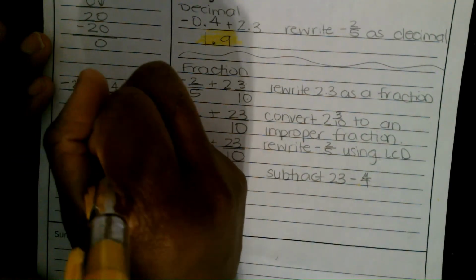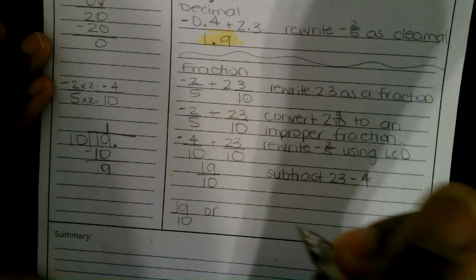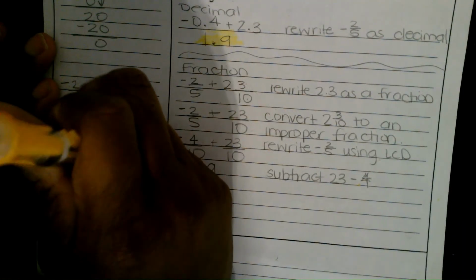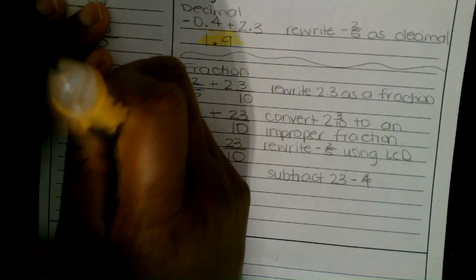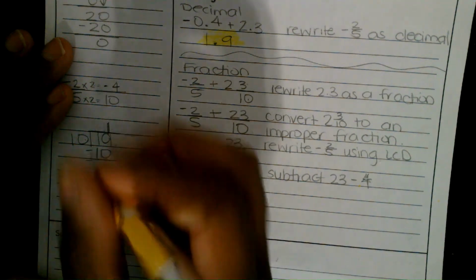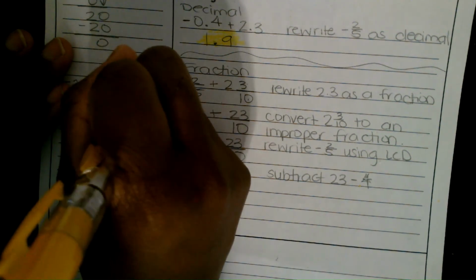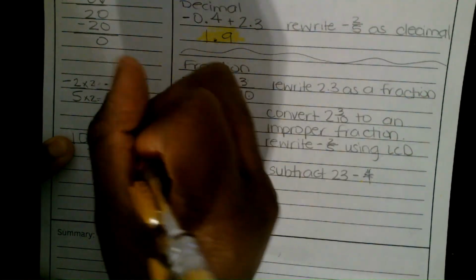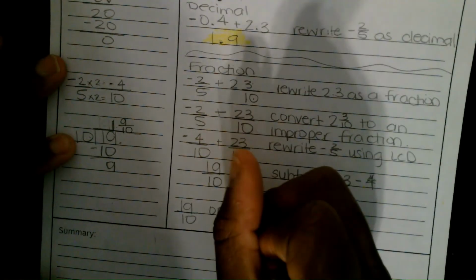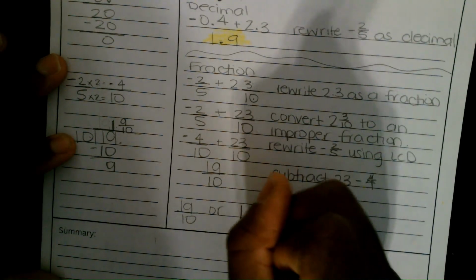Since I have a remainder and I'm not converting to a decimal, keeping it as a fraction, your remainder becomes your numerator and your divisor is your denominator. So that would be 1 9/10.